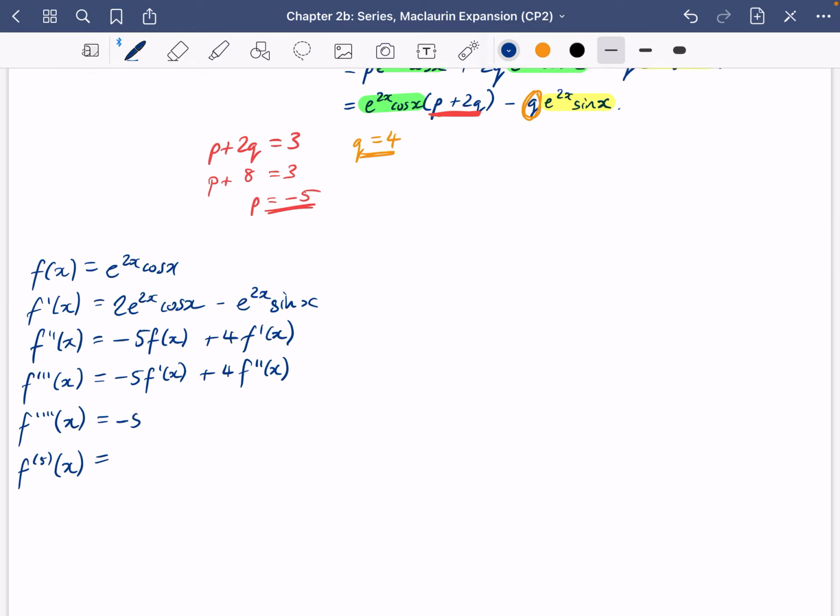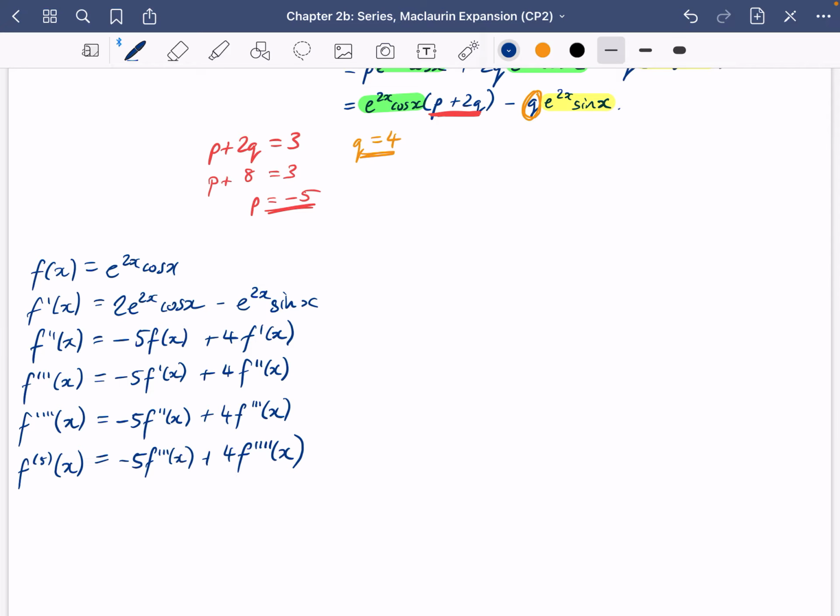And so the fourth derivative is going to be minus 5 f double dash x plus 4, differentiating f double dash, you get f triple dash x. And then for the fifth one, I'm differentiating the term just above it, so it's going to be f triple dash, and then I'm going to differentiate this one here, so it's going to be f with 1, 2, 3, 4 dashes here.